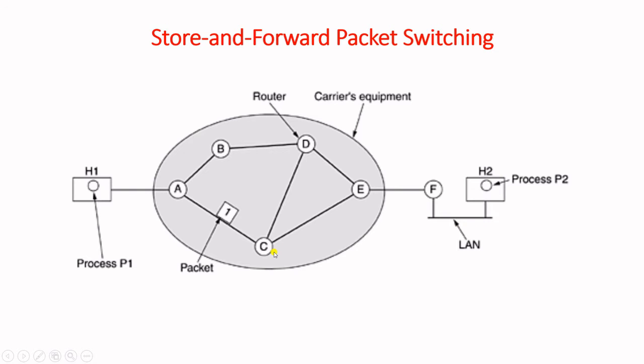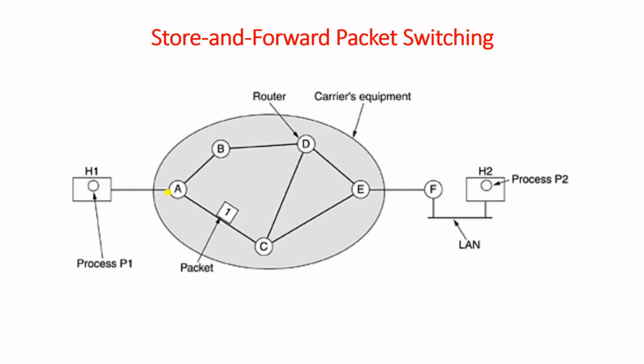If process P1 wants to communicate with process P2, it wants to send some packets. First of all, H1 will send the packets to router A, and after that router A will decide on which link the packet should be forwarded, from A to B or A to C.